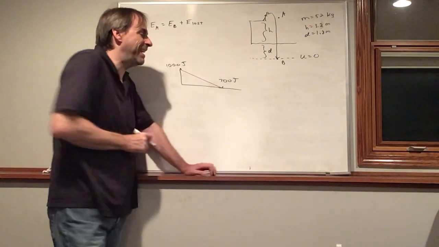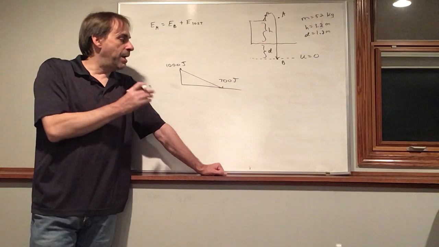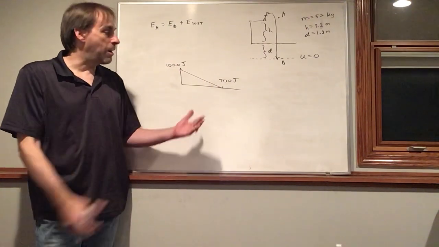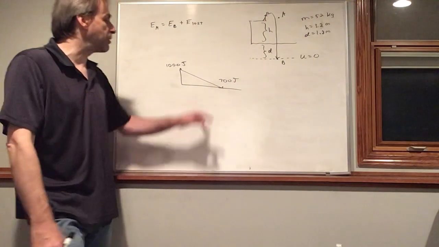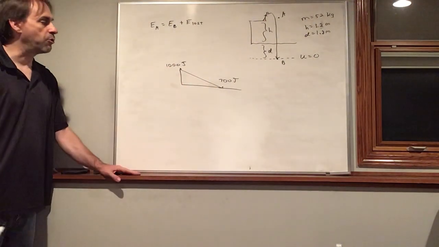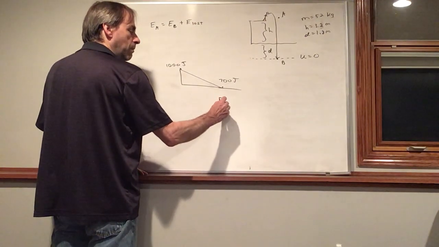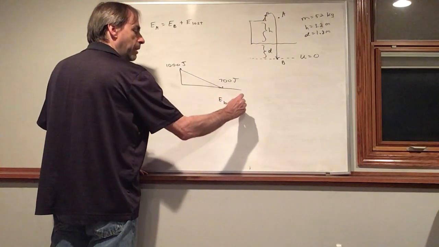We're talking about mechanical energy. So where did that missing energy go? Or how much energy was removed from the system? Well, it'd be 300 joules. So the energy lost in this example is just 300 joules.